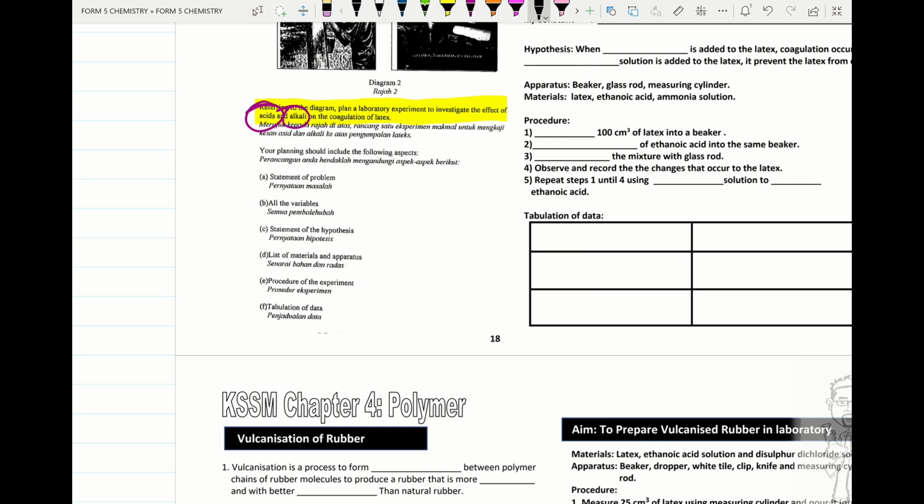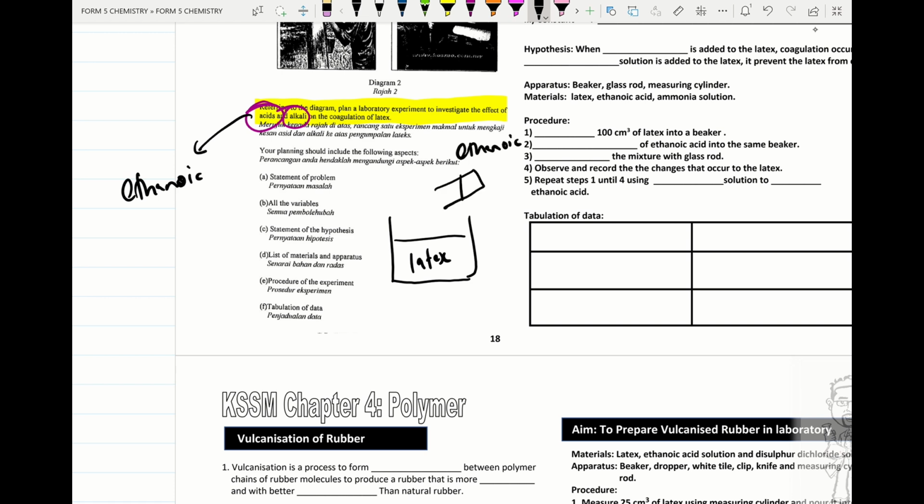In the laboratory experiment, we measure and pour 100 cm³ of latex in a beaker. We take a suitable acid, so in the laboratory, we will take ethanoic acid. When we add the 5 cm³ of ethanoic acid, we stir the mixture of the latex with the ethanoic acid.